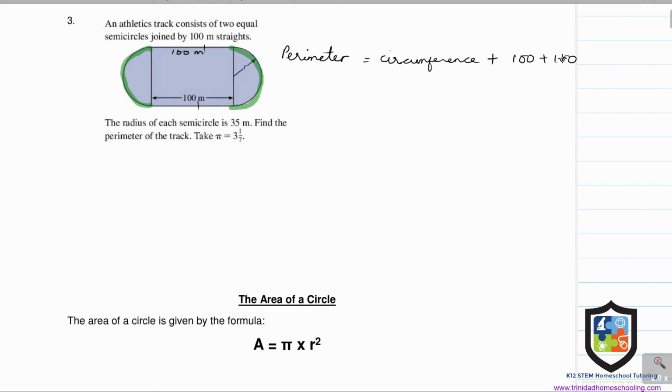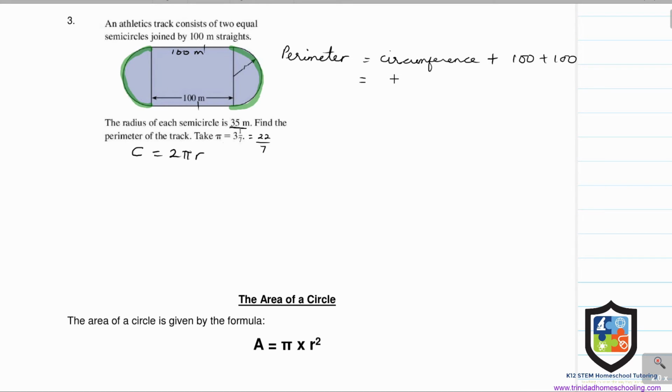Plus 100. Now what else did they give us? They said that the radius of each semicircle is 35 meters. So they gave us the r, so we could use the formula with the 2 pi r. And they said to take pi as 3 1/7, which is the same as 22 divided by 7.